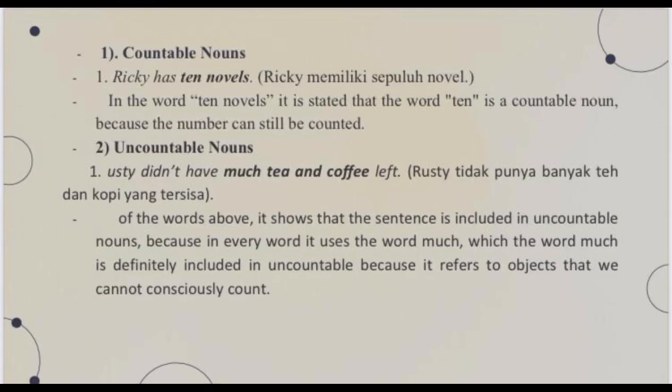The second material is identifying countable and uncountable nouns. In countable nouns: Ricky has 10 snowballs. In the words 10 snowballs, I state that the word 10 is a countable noun because the number can still be counted. Two, uncountable nouns: usually, didn't have much tea and coffee left.